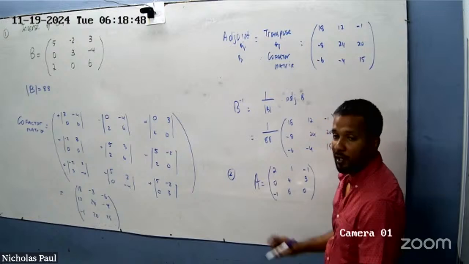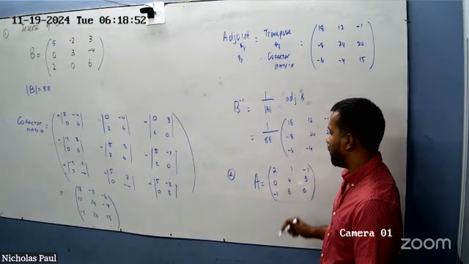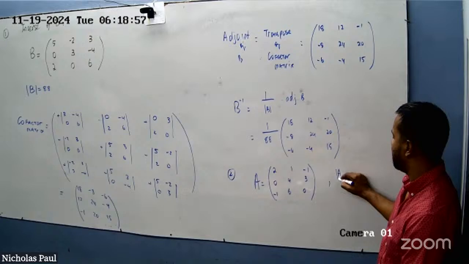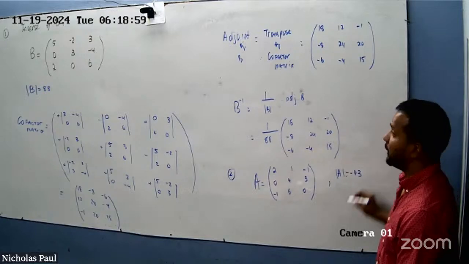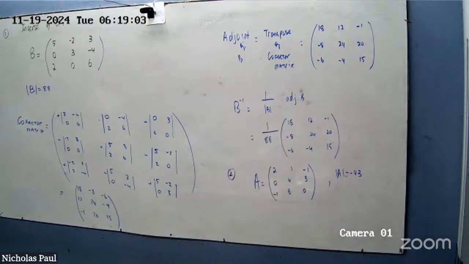Go ahead, find the inverse of that A there. What was the determinant again? The determinant was minus 43, right? Just find the inverse of that.